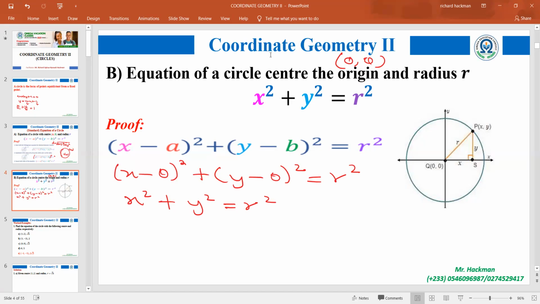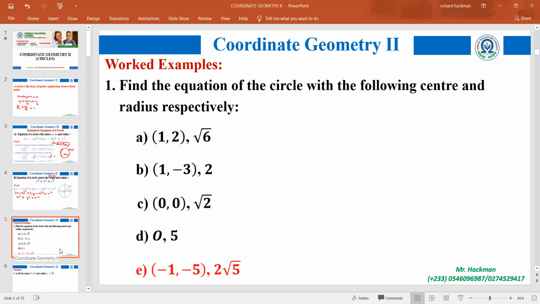So quickly, let me see. All right, now let's look at our first worked example. We are asked to find the equation of a circle with the following center and radius respectively. So if you look at this, A, this is your center and this is the radius. B, the center and radius.